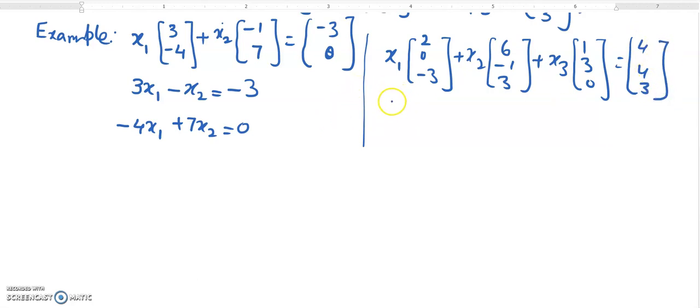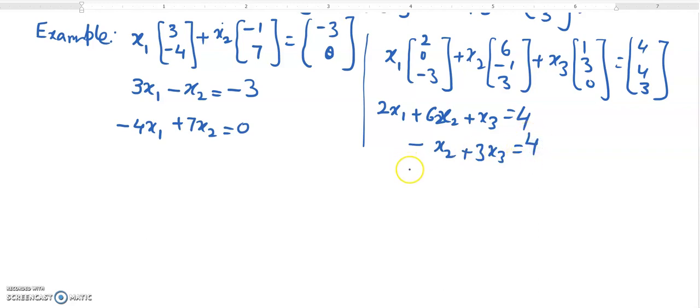So what will be the system in this case? 2x1 plus 6x2 plus x3 will be equal to 4. The second equation will be 0x1 minus x2 plus 3x3 is equal to 4, and the last equation will be minus 3x1 plus 3x2 and 0x3, so there will be no x3 term, is equal to 3.